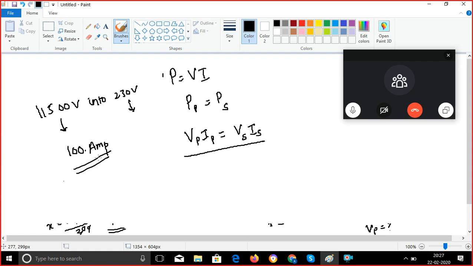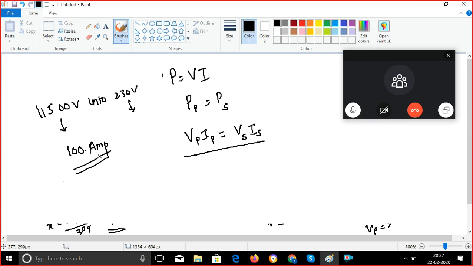Okay, so X is 5,000 amps. Voltage in primary coil is given, and you have to calculate the voltage on secondary coil, right? So what's your answer?